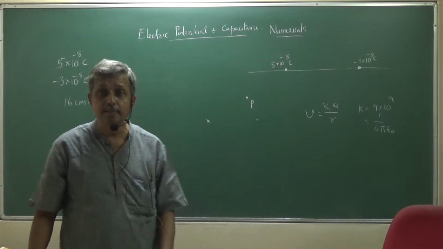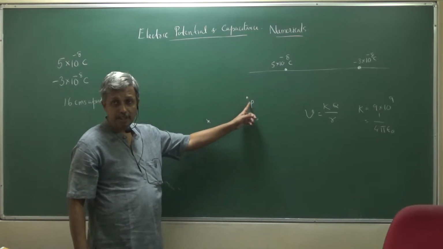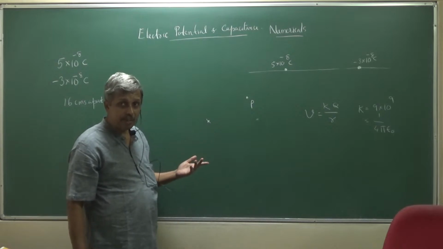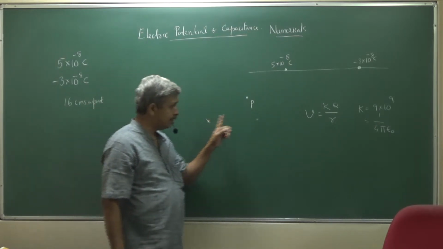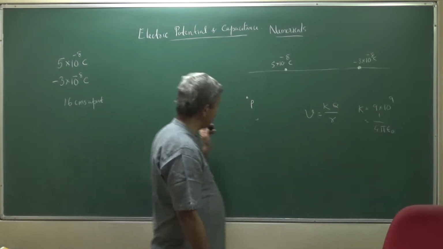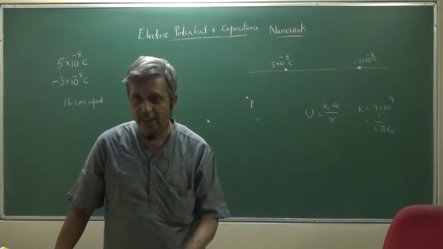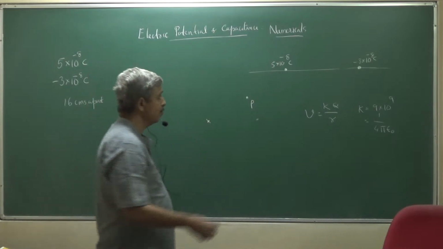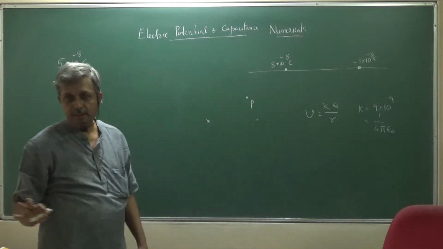That charge produces a potential here, and we want to find the potential at this point due to this charge. To find that, we need two things: how much is the charge and how much is the distance. These are the only two things. They have to give the charge and the distance. That means if you take any point around this, we can find the potential due to this charge.